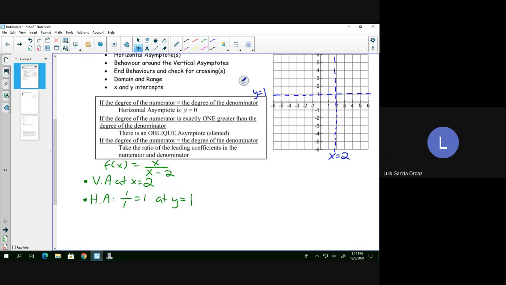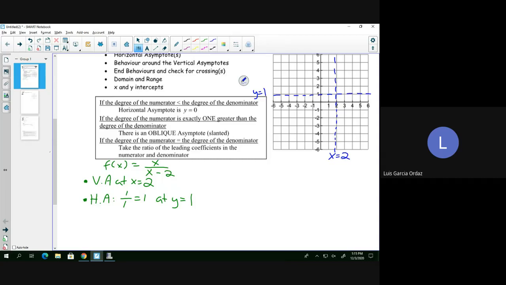Okay. If the degree in the numerator is less than the degree in the denominator, then you have a horizontal asymptote at y equals 0. Okay. And if the degree in the numerator is greater than the denominator, then you have an oblique asymptote, which is something completely different, which you're not going to worry about right now.